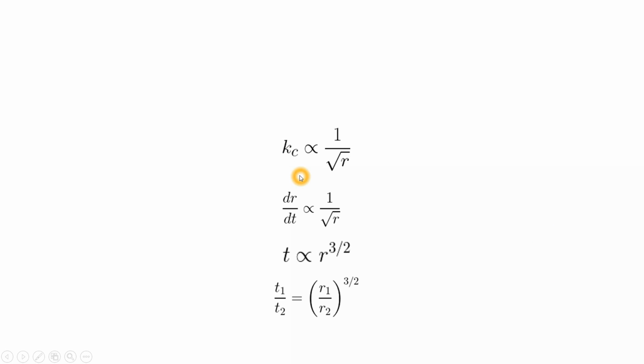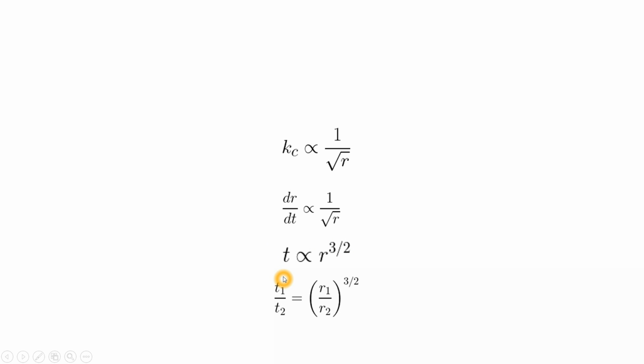k_c is directly proportional to 1 upon under root R, so I can write dr upon dt is directly proportional to 1 upon root R. If you integrate this, R to the power 1 by 2 plus 1 will be 3 by 2. So T is proportional to R to the power 3 by 2.